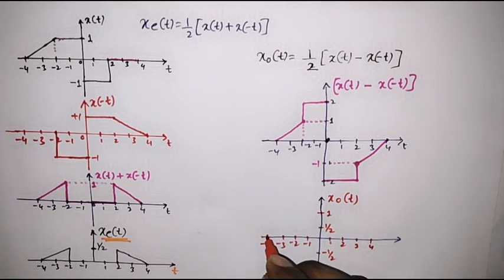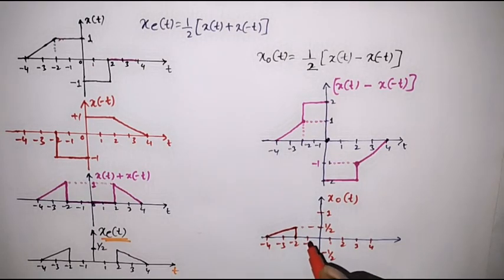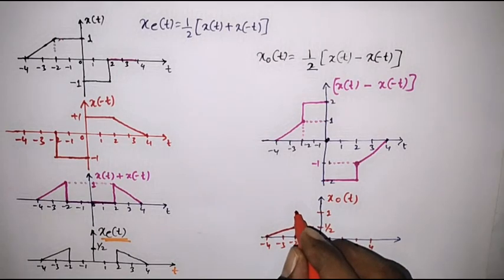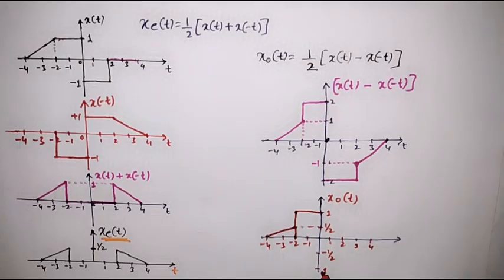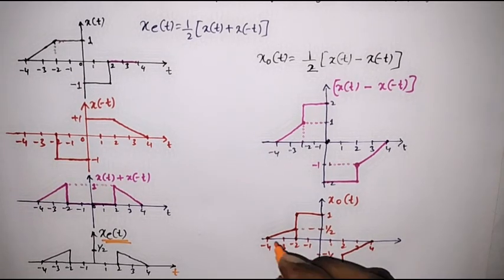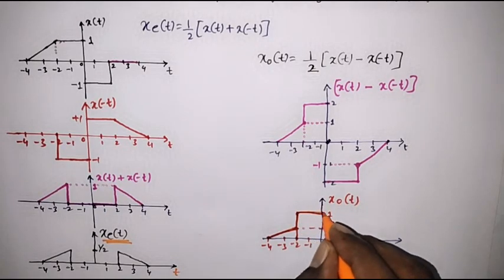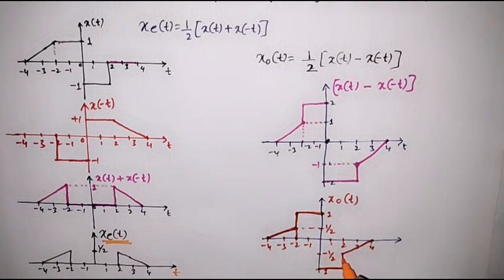So here it appears like this. So this is xo of t, that is from here to here, this one, and here to here, this one.